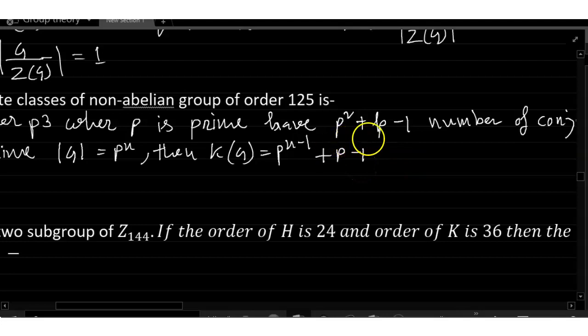Property: mod of G dash is equal to mod of Z(G).